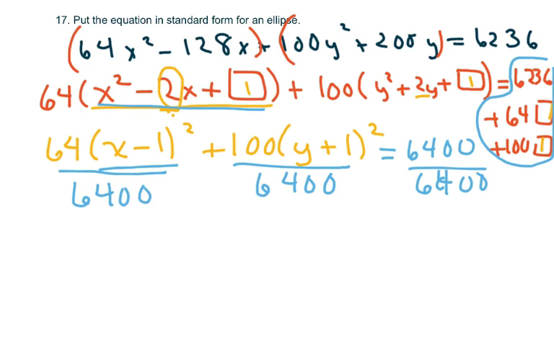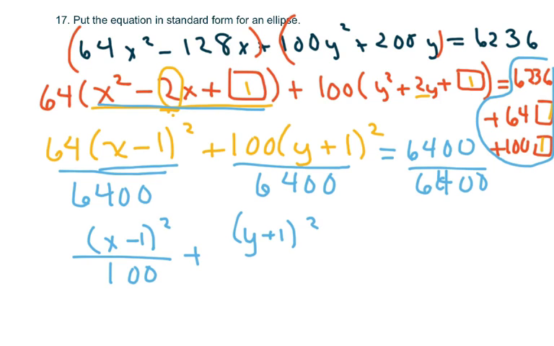And this is just going to be x minus 1 squared over 100 plus y plus 1 squared over 64 equals 1. And that's your answer.